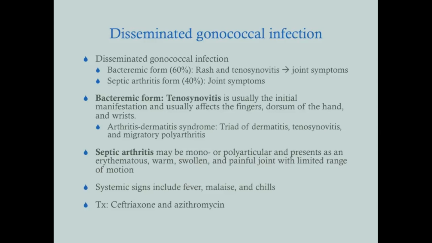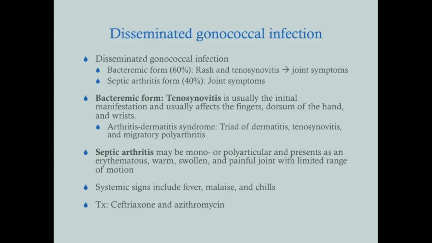The rash in this patient was a combination of papular lesions. They can also have some blisters and pustules as well. Septic arthritis can be mono or polyarticular, a better word would be pauciarticular, meaning few joints, and presents as an erythematous, warm, swollen, and painful joint with limited range of motion.